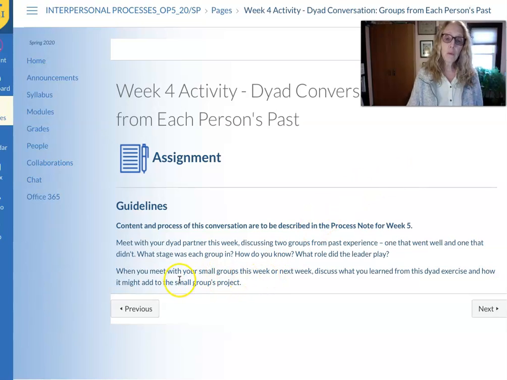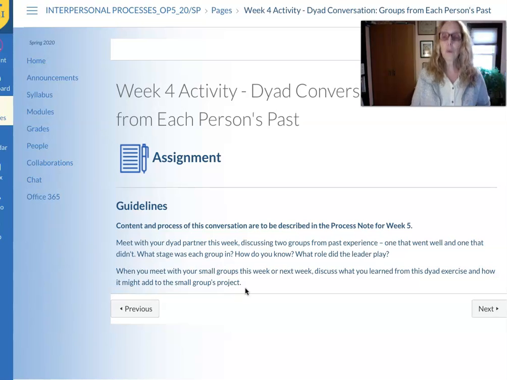Then when you meet with your small group this week or next week, depending on the timing of when you meet, discuss what you learned from this dyad exercise and how it might add to the small group's project. What went well? What didn't go well? How can talking about that increase the outcome of your presentation?